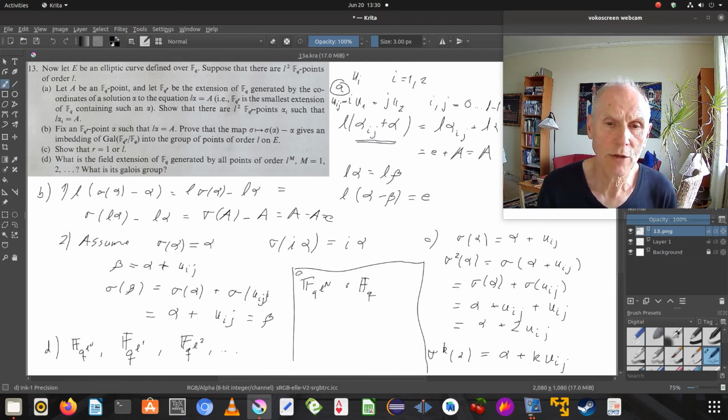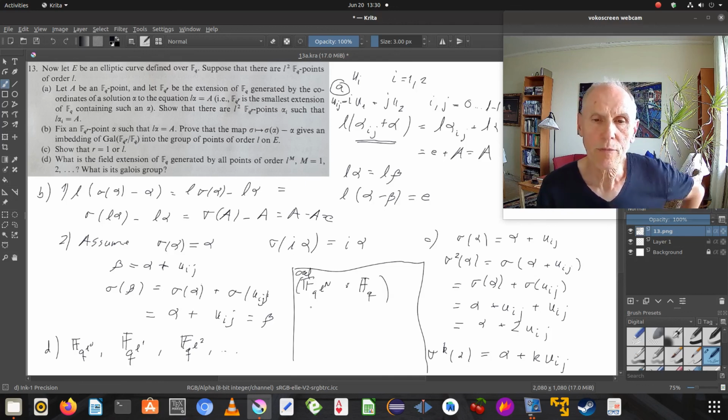Oh yeah, the Galois group of the extension, then I believe it has the form.